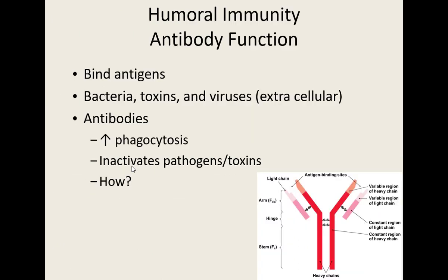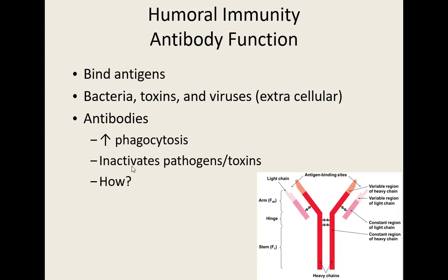Now, its function, as I said: we want to churn out antibodies, and the antibody's job is to get rid of whatever foreign object got in the body. Its job is to bind to antigens. And what it really is going to target is bacteria, different types of toxins that different things can make, and extracellular viruses.